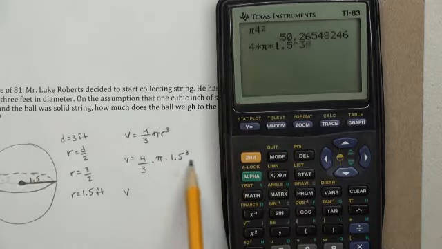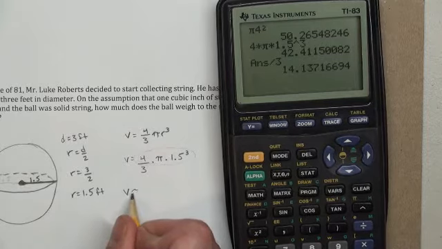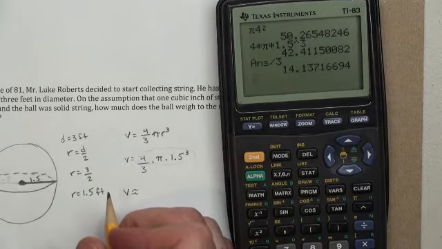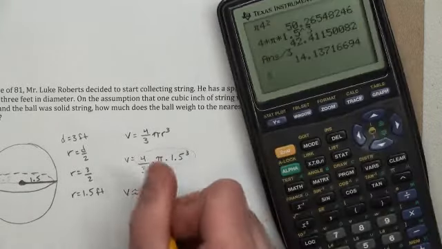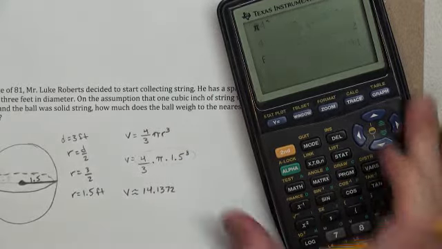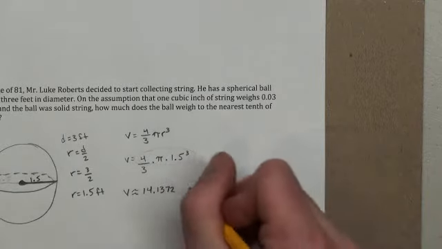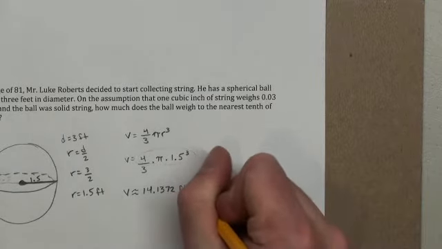I'm multiplying all my numerators together, right? And now I've got to divide by the denominator, 3. So let's say it's approximately 14.1372. We go to 4 places, right? And that would be feet cubed.